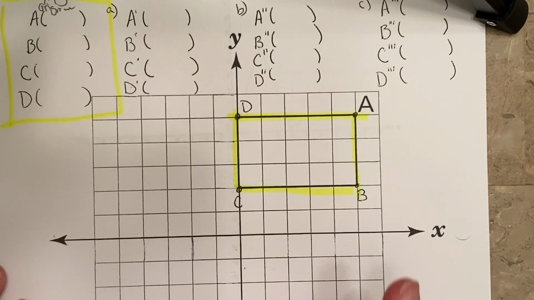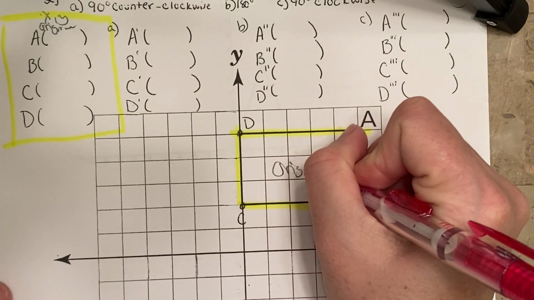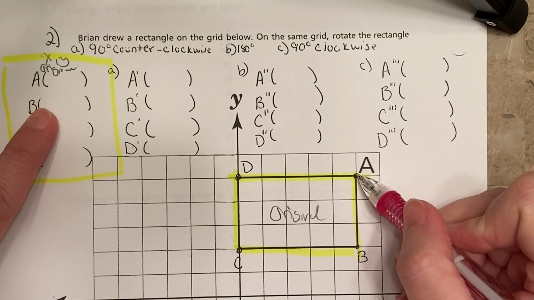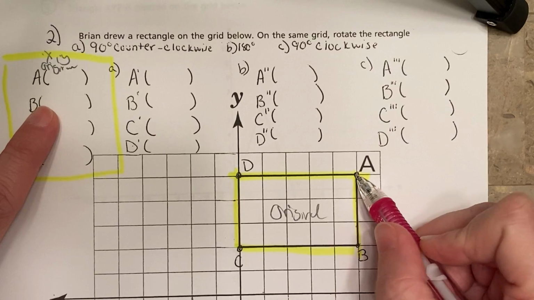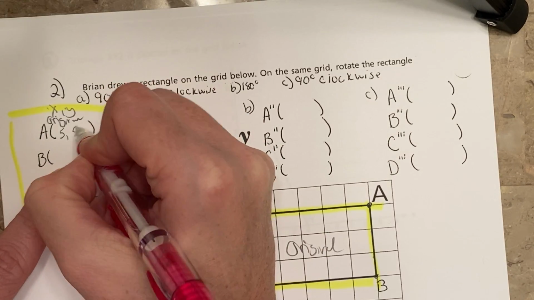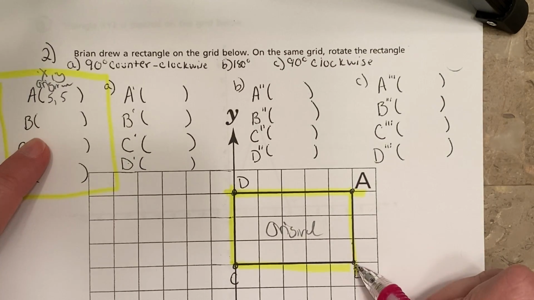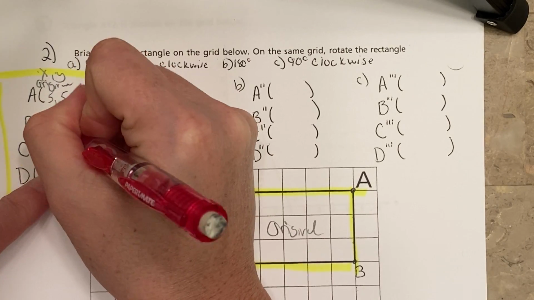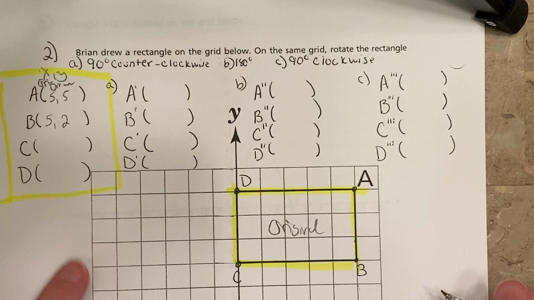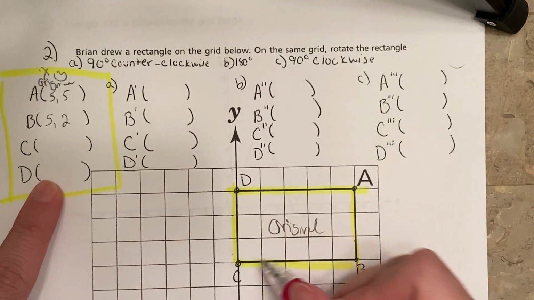I did that on purpose. So this would be 1, 2, 3, 4, 5. 1, 2, 3, 4, 5. So that would be 5, 5. B, 1, 2, 3, 4, 5. 1, 2. 5, 2. And you need these coordinates. Okay, we need them for how I'm going to teach you.